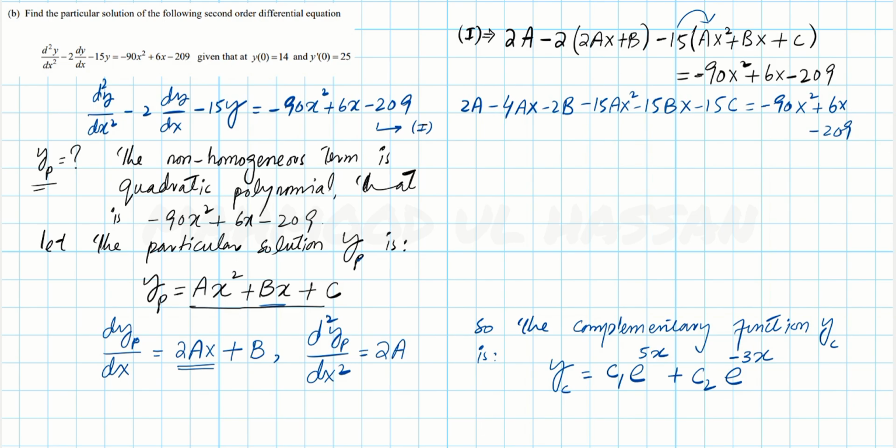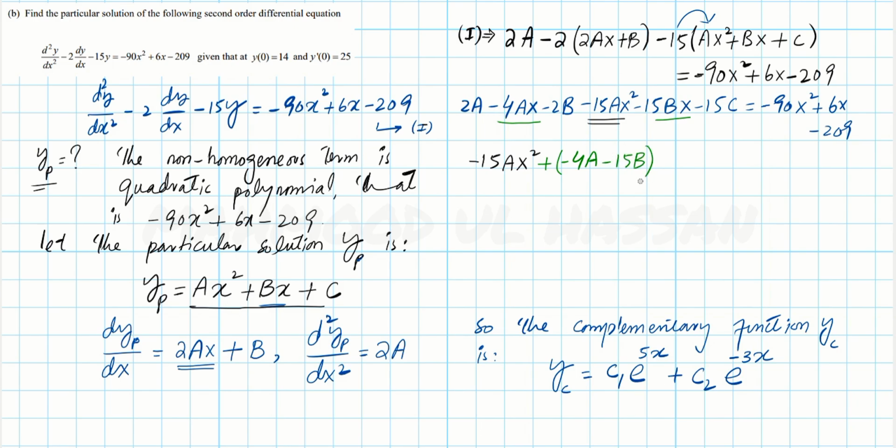Okay, so on the left side the highest power term is x squared, so that is minus 15ax squared. Here you can see we can take x as a common factor, so that would become plus minus 4a and minus 15b.